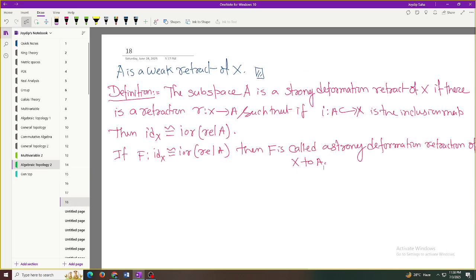Definition: now if I remove the relativeness, then we just say this is a deformation retract.